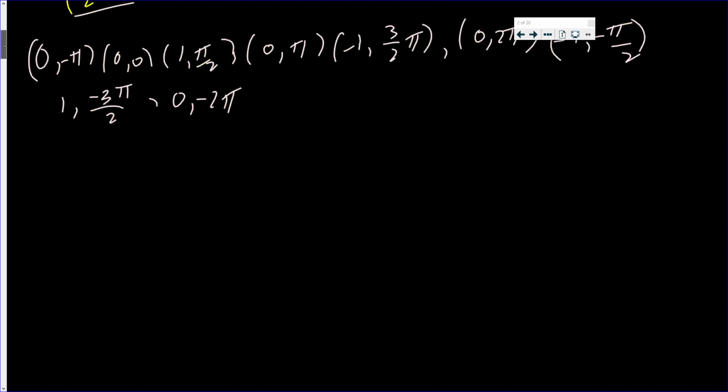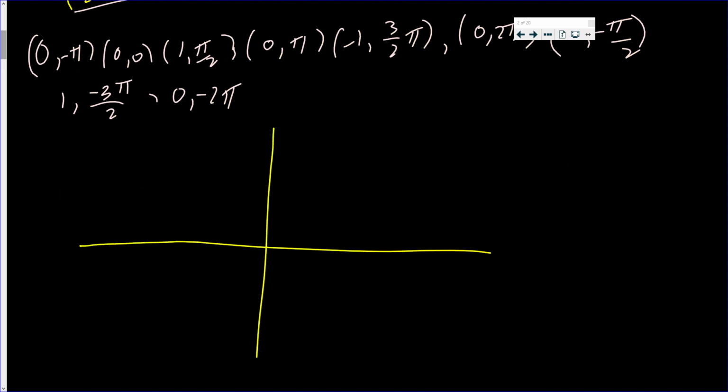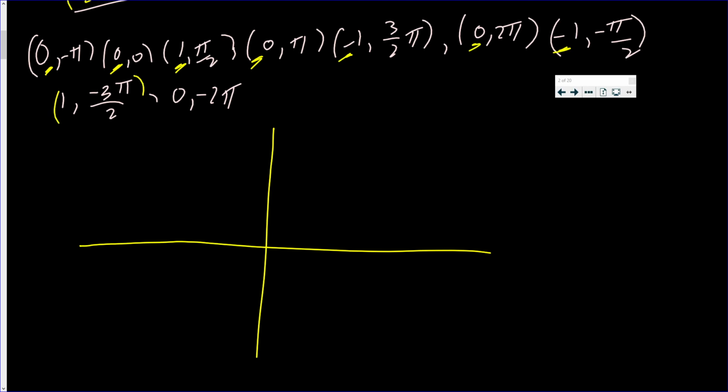Let us plot this. So, looks to me very clearly that the x values 0, 1, 0, -1, they go between -1 and 1. So -1, 0, 1.